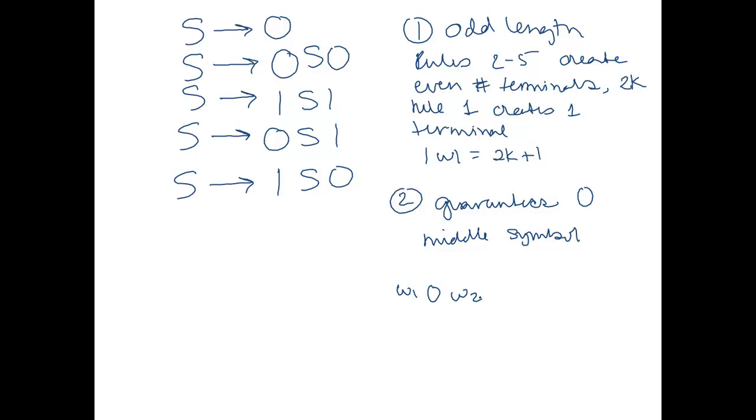So here, length of w1 equals k, length of w2 equals k. So then I basically have k symbols on each side, and the middle one is always 0. Okay, and this is because we're creating them in pairs.